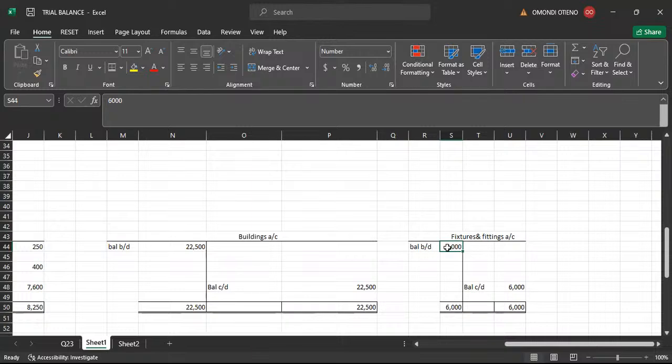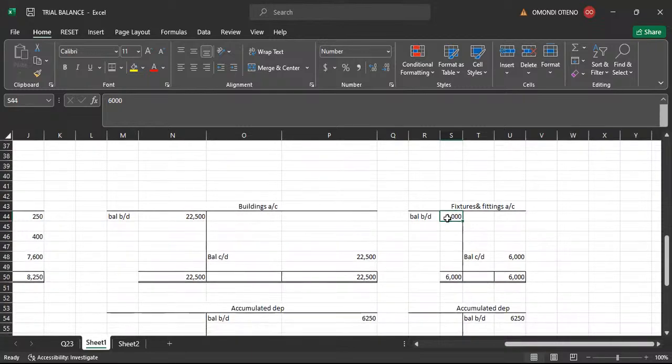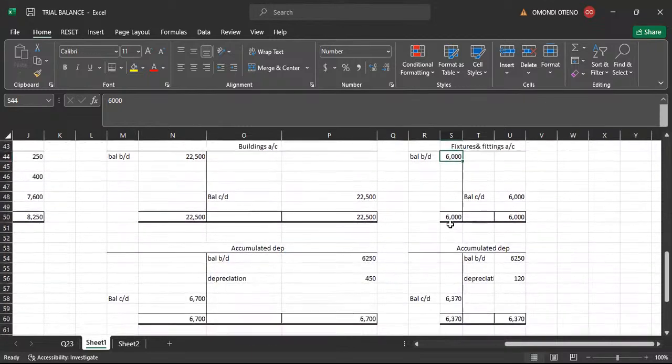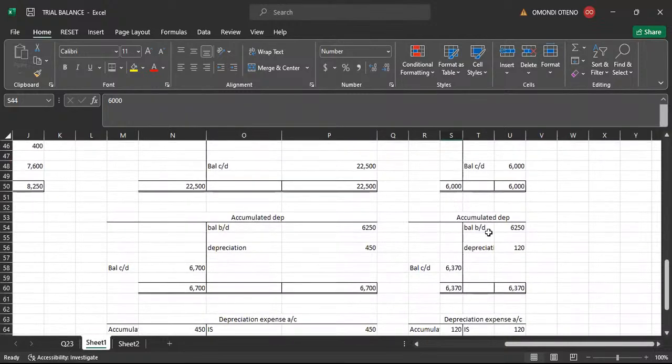So that's the balance brought down in this asset account. So we maintain it at cost maybe at that point. And then when we come to accumulated depreciation, we've been able to see that we have 1,400.